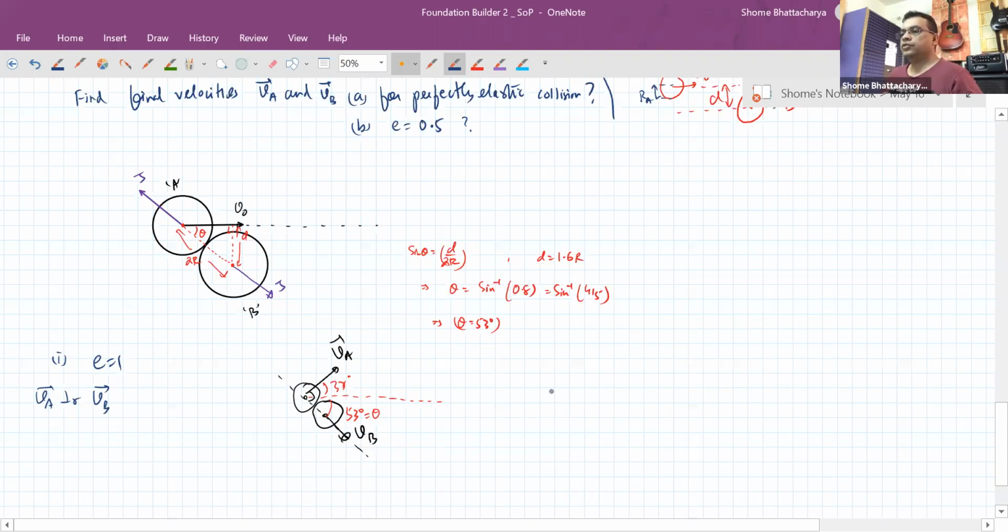Okay, so we have VA sine 37 is equal to VB sine 53. This is coming from conservation of momentum applied to this system.